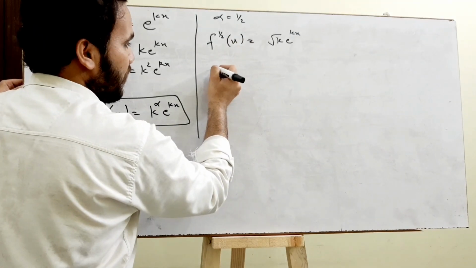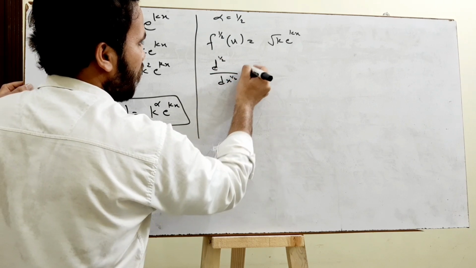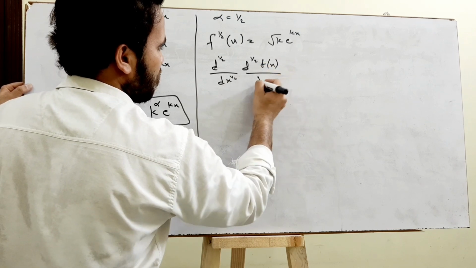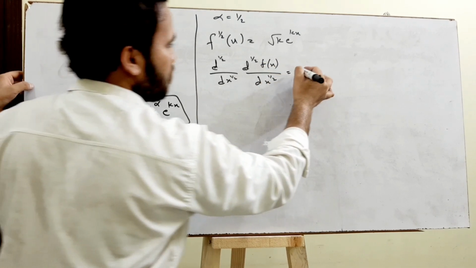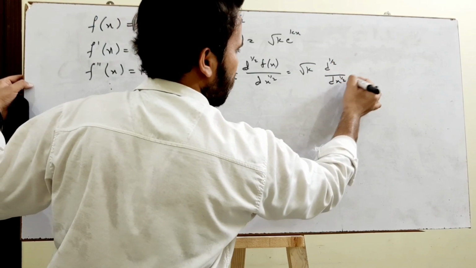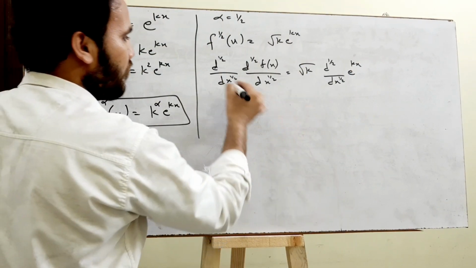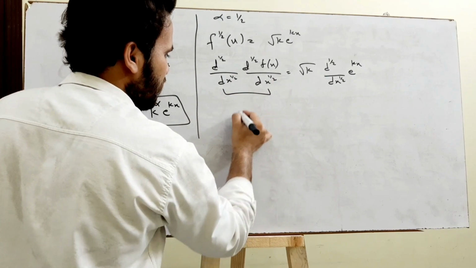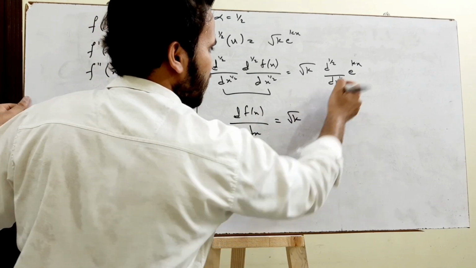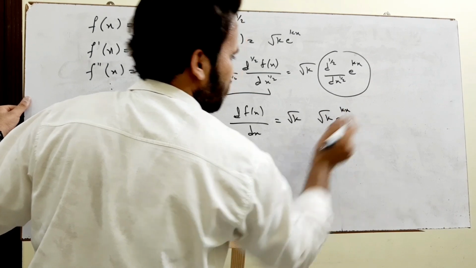Or we can verify it also. How? Taking another half derivative of this function. We are taking another half derivative of this function, and this is radical k, and this will be radical k e^(kx) again.